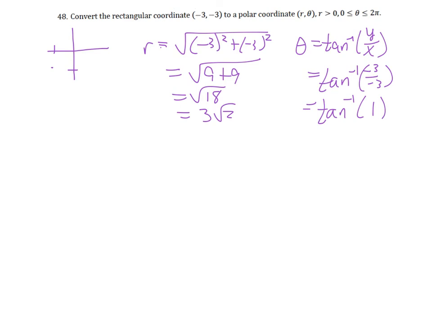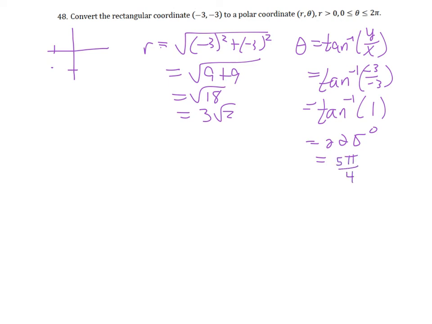If you were to put it into a calculator, that would give you 45 degrees. But it is the reference angle of 45 in the third quadrant. So technically, that's 225 degrees, which is 5 pi over 4.